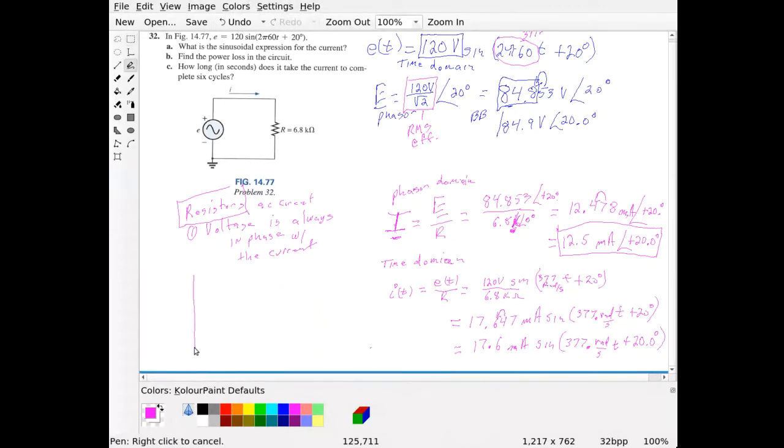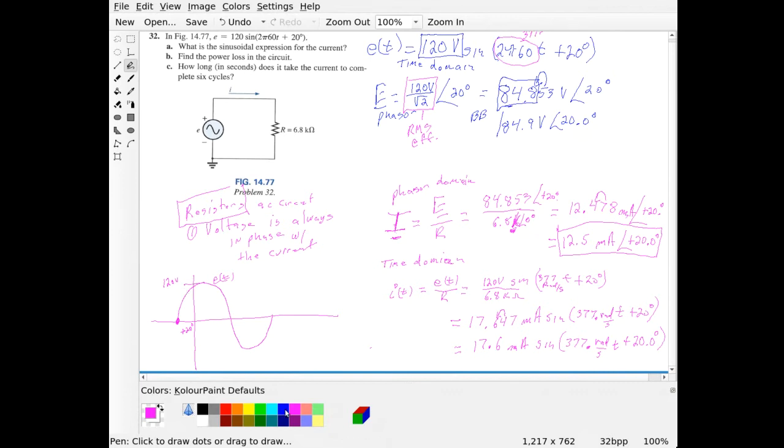So if I wanted to draw this sine wave, my voltage waveform E would be right here at plus 20 degrees, and it would go up, and of course down. This peak value here is E of t, and the peak value is 120 volts.